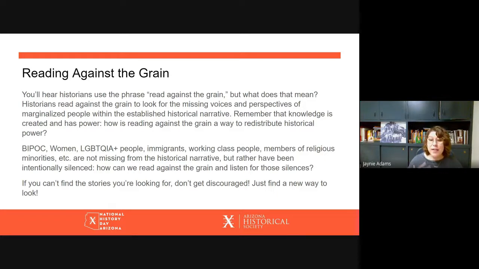It's just a matter of finding a new way to look for some of those sources. Remember how we said that documents are really the bread and butter of Western historians and Western record keeping? Now we're going to look at some other kinds of primary sources that might be more illuminating for marginalized groups beyond documents.